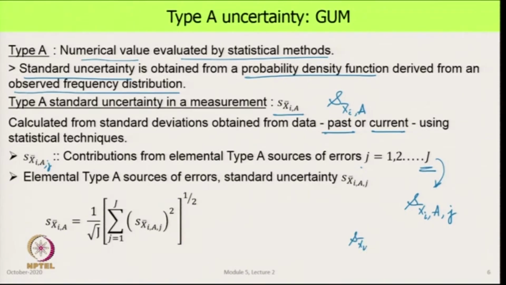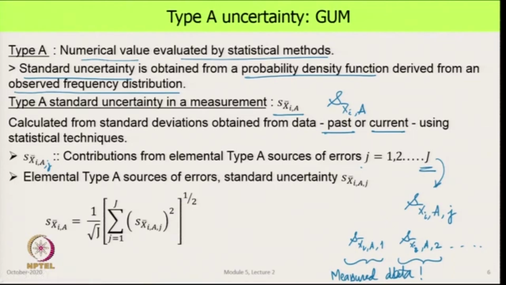So, you will get x i A 1 first source of error, x i A 2 second type A source of error, and so on. Each one of these came from a probability distribution function from measured data. That is the important part. This is real data from which we are getting these numbers.